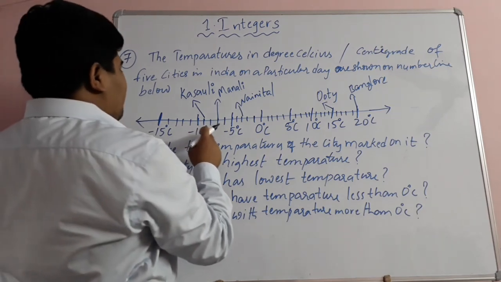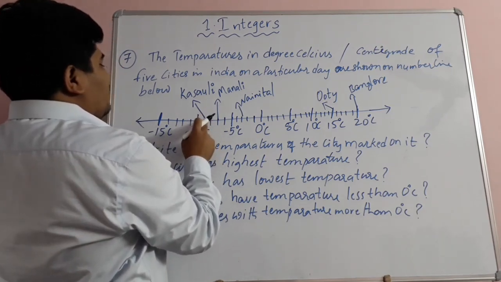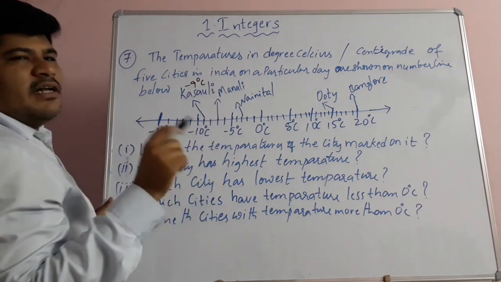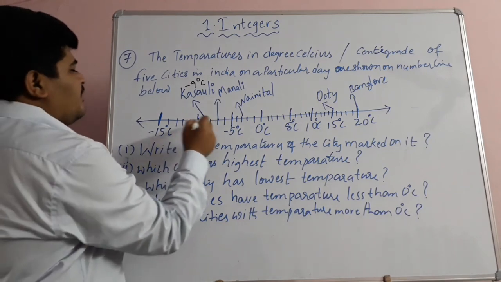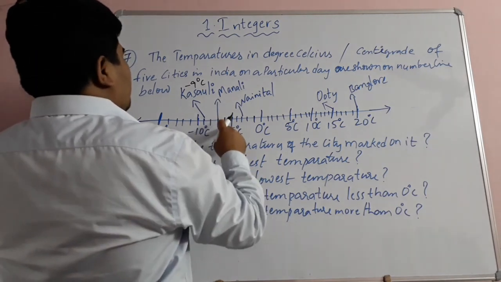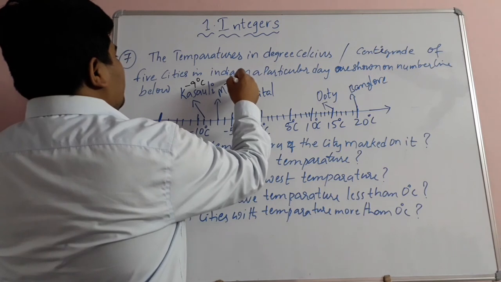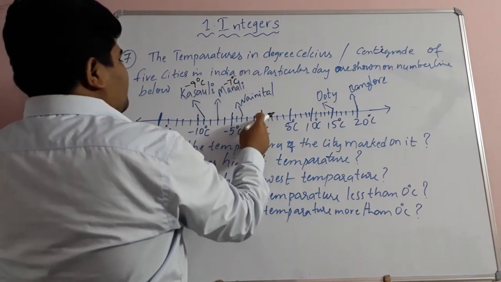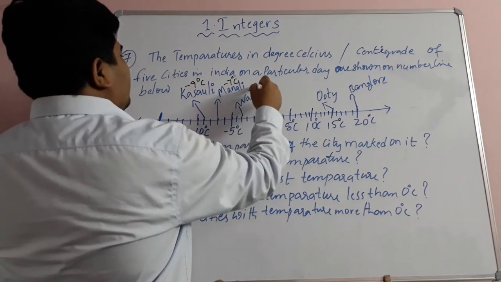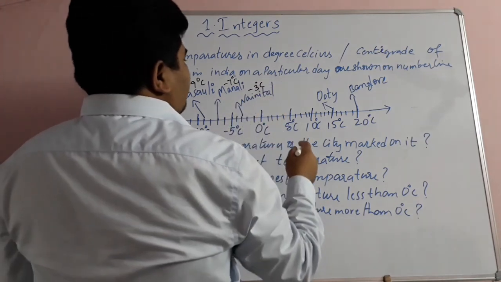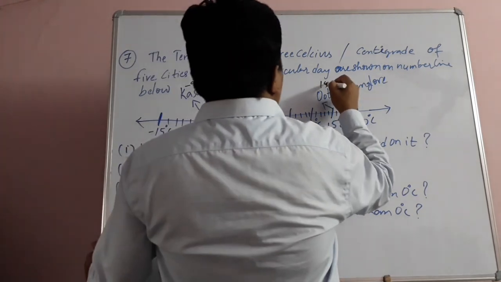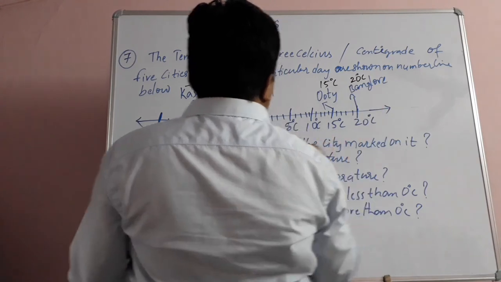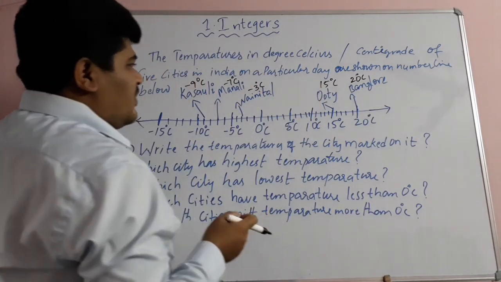It is related to minus 9 degrees, so Kasauli has minus 9 degrees Celsius. And Manali, minus 7 degrees Celsius. Next Nainital, 0, minus 1, minus 2, minus 3, so minus 3 degrees Celsius. Okay, and Ooty 15 degrees Celsius and 20 degrees Celsius at Bangalore.